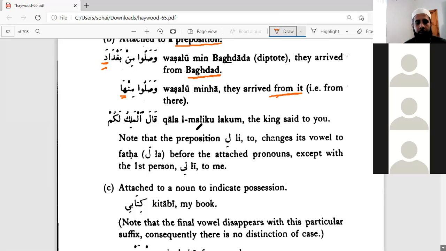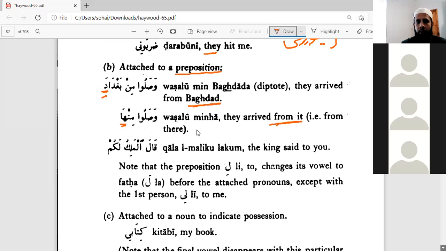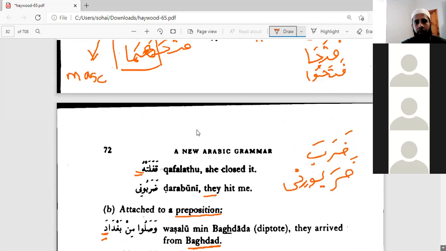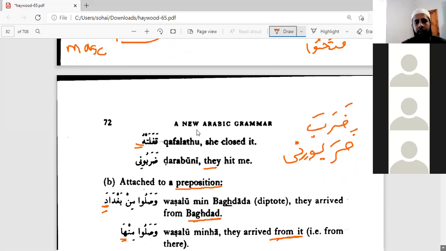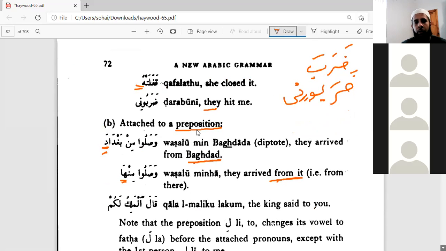Okay. I want to know about "they opened"... the previous example? I didn't hear you properly. Darabuni. Yes. Why is it Darabuni? Actually, I want to know. What do you expect it to be?